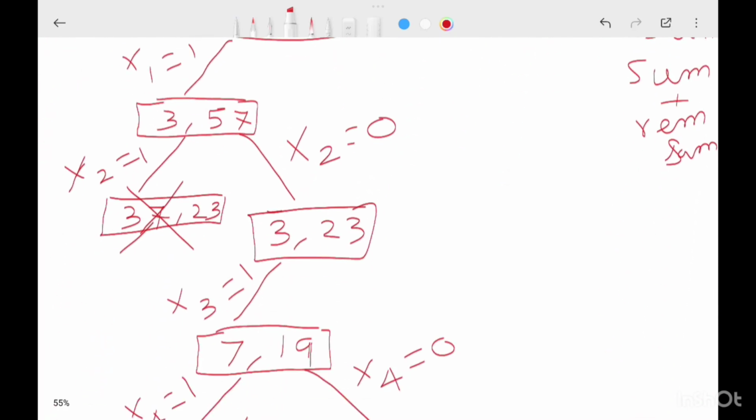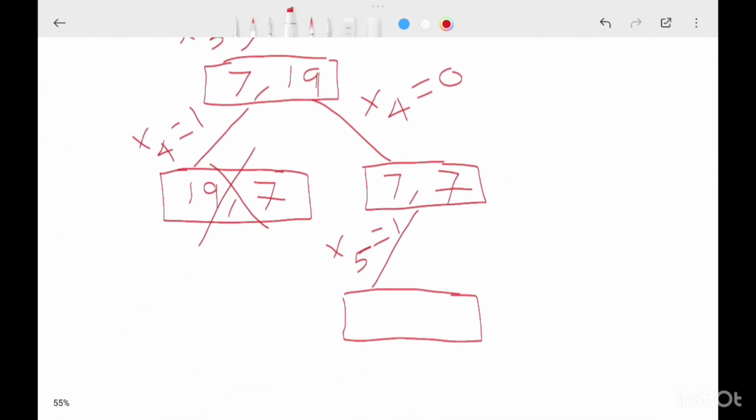So I am trying adding the 5 to the current subset. Already the sum of the current subset is 7, so 7 plus 5 is 12. The remaining sum of the current subset is 7, and now that I am adding the value 5, the remaining possible sum is 7 minus 5, which is 2. Now I am checking the feasibility conditions. 12 is not less than 9, 12 is greater than 9. So the first condition itself failed.